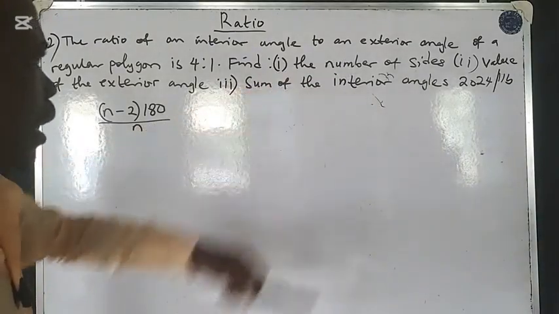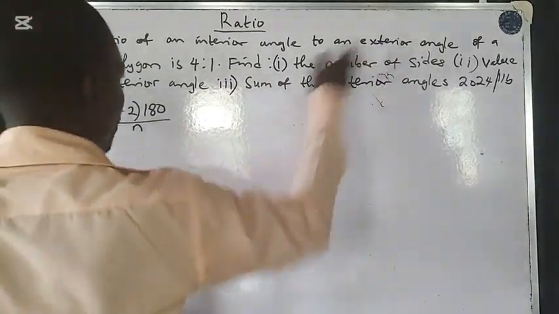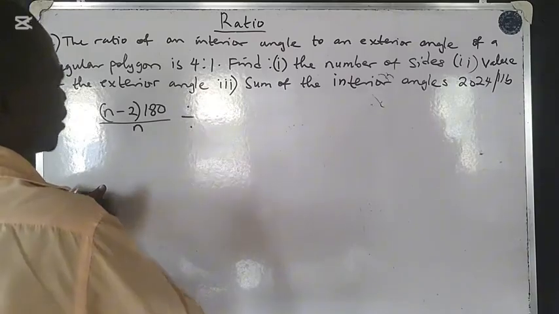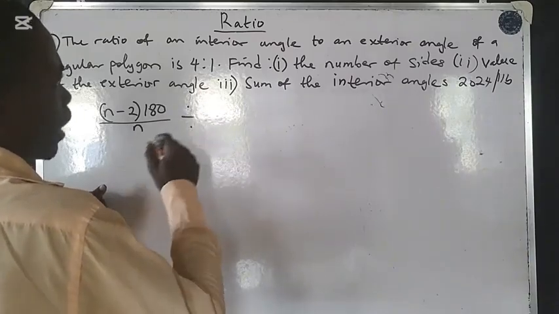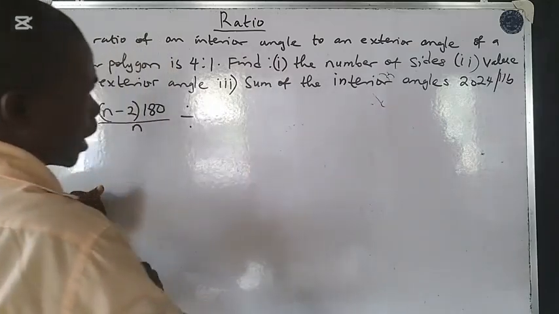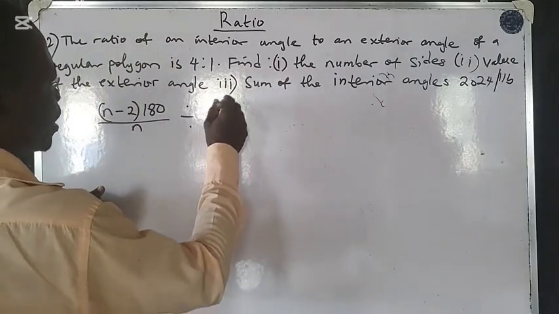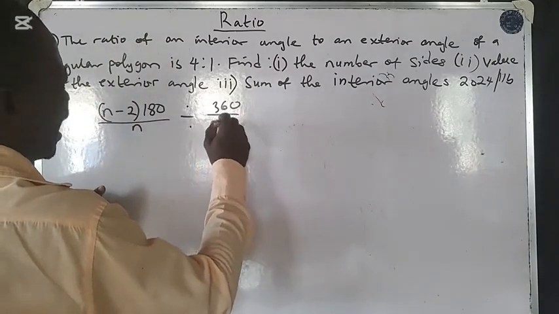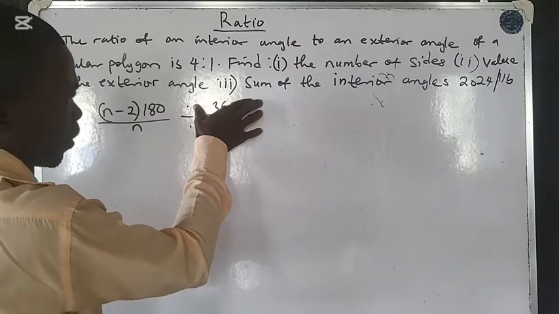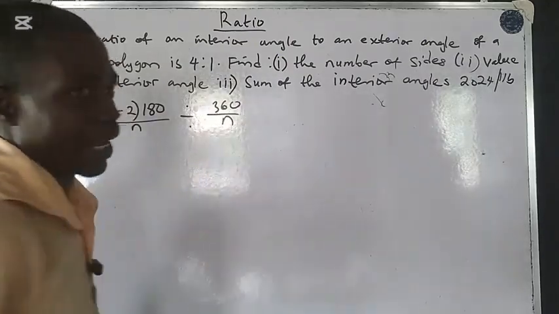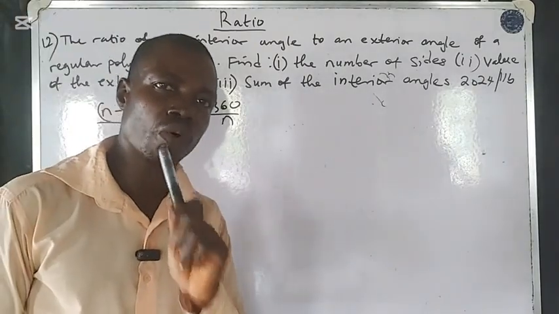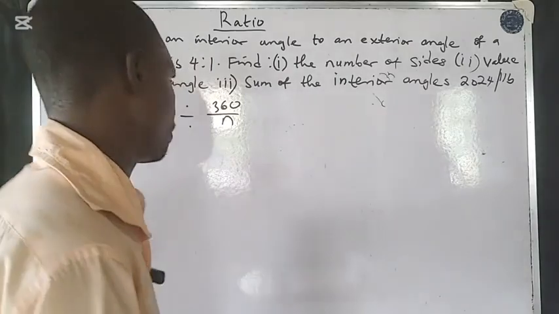The ratio is to an exterior angle. I always say that a ratio is the same as divide. So we now write the formula for each exterior angle, which is 360 over n. 360 is the formula for the sum of exterior angles, while 360 over n is the formula for each exterior angle or an exterior angle.